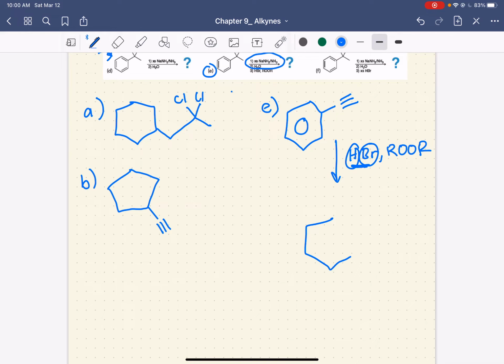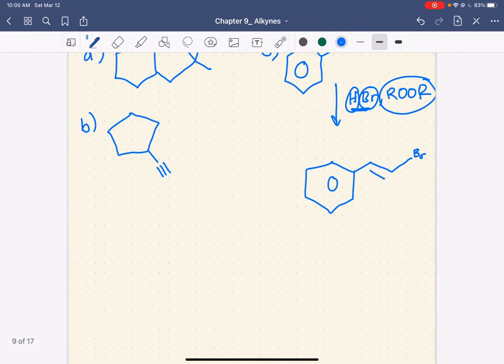So ultimately we're going to be forming a double bond here, where the bromine gets added to the least substituted side because of the peroxide and the hydrogen to the more substituted position. Now, because it's just one equivalent of HBr, we're going to get both cis and trans here.